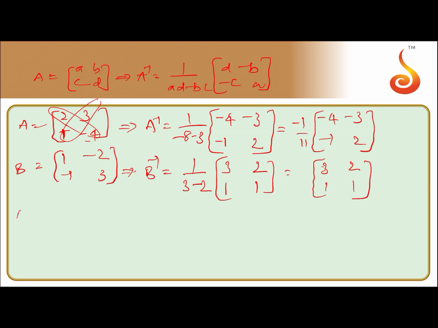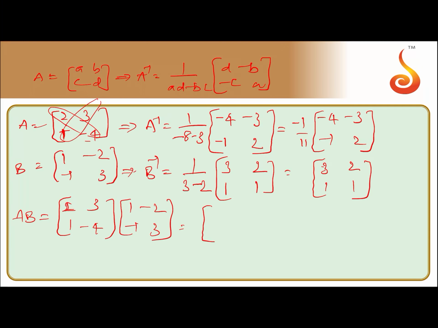B inverse. Let me calculate the AB matrix, which is the product of 2, 3, 1 minus 4 multiplied by 1 minus 2, minus 1 3. And the product of these two is equal to the matrix here.